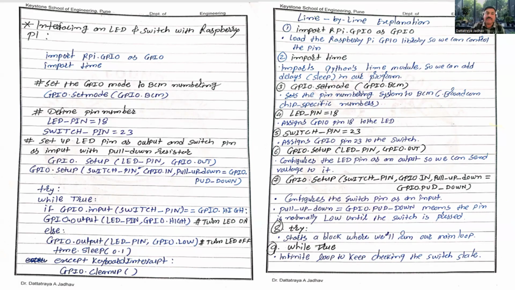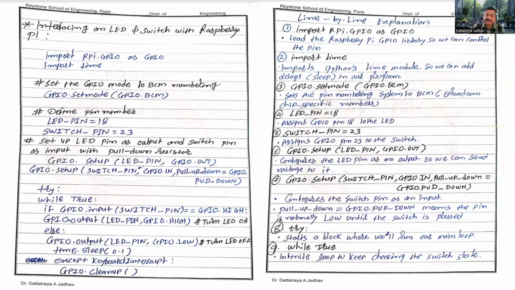One difference is that we are adding the switch and taking one condition with the switch: either the switch is pressed or not pressed, or we say the high voltage is applied to the switch, or the low voltage. Depending upon the switch condition, the LED should be either on or off. That needs to be reflected in your program. So we can control both, that is LED and switch, with the combination of this process.